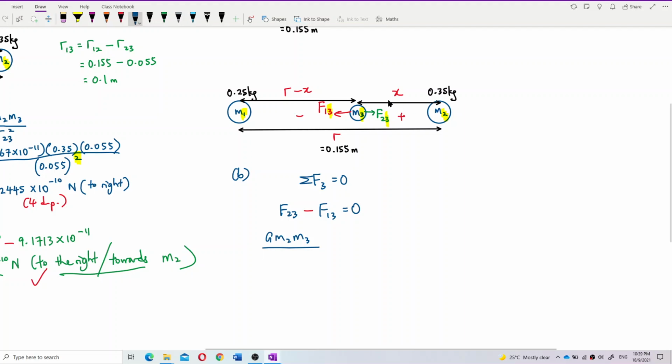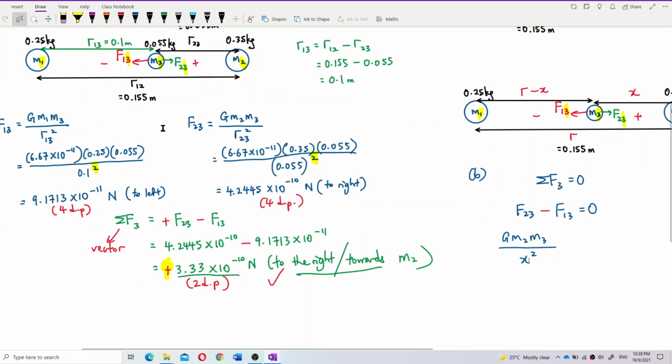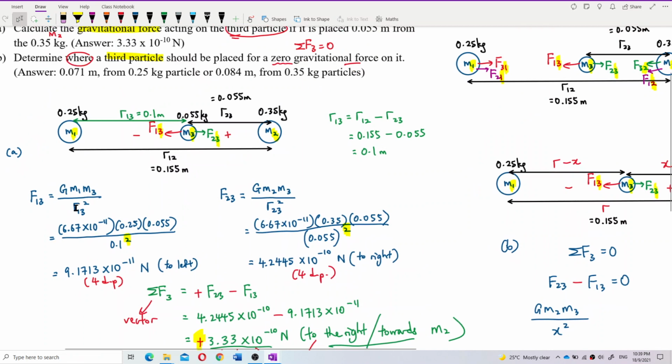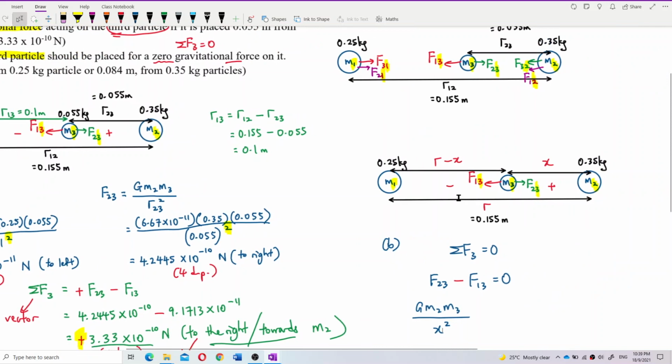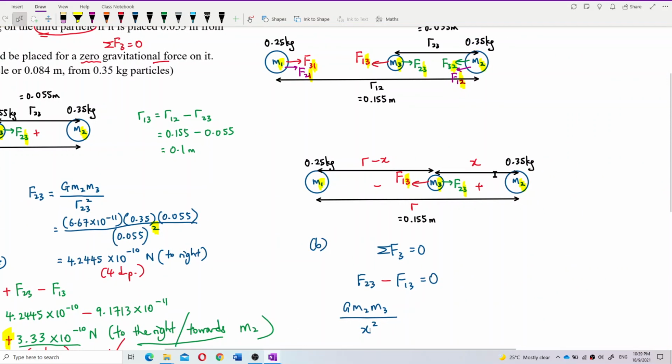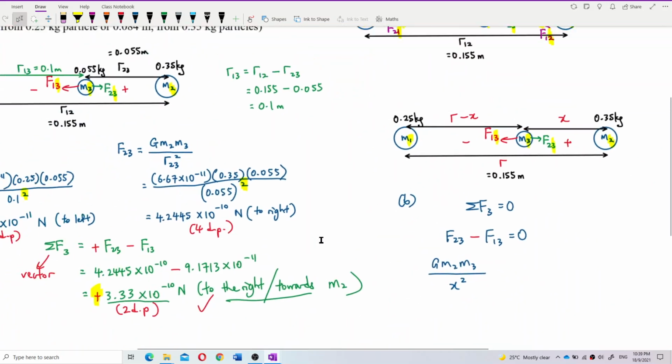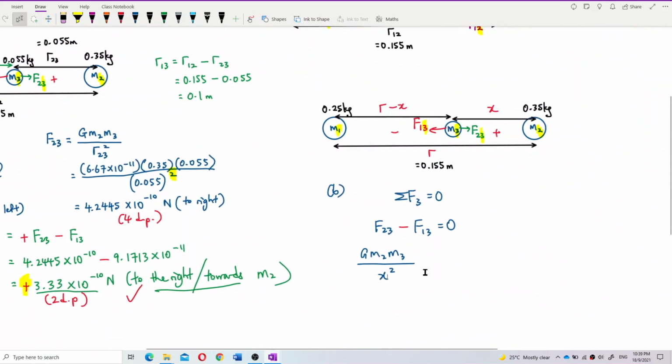We don't know the value yet, but we put it as x squared. The r here we put as x, because x is the distance between 2 and 3, so it's correct.